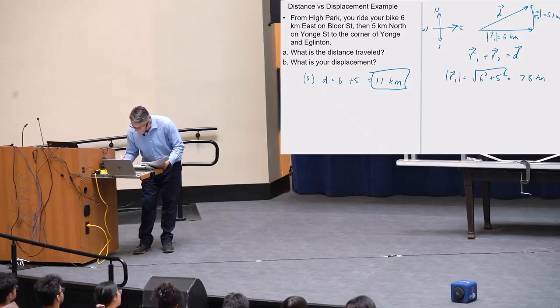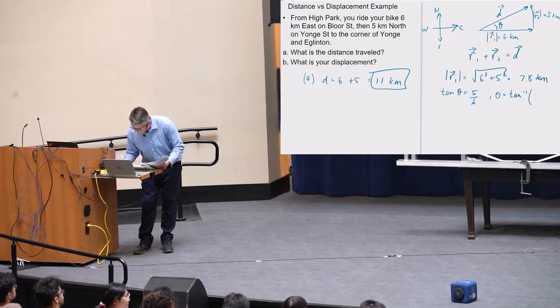That's supposed to be kilometers. And then you're going to need an angle, theta. The tangent of theta is equal to 5 divided by 6, 5 kilometers over 6 kilometers. So you can do tan to the minus 1. Hopefully you can find the tan to the minus 1 button on your calculator, or arctan, and you get that theta is equal to 40 degrees, something like that.